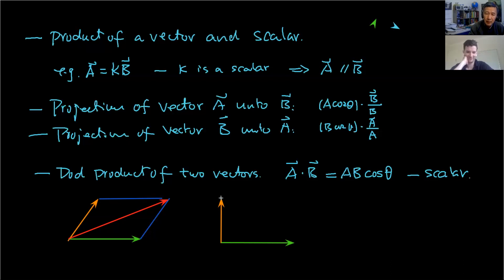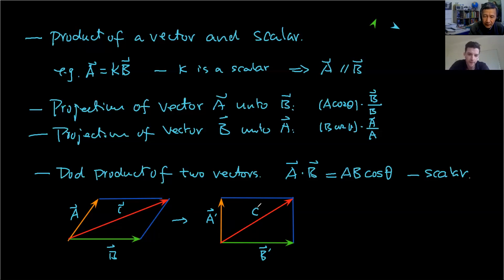You can put all these ideas together after today's talk. So in this case, C is divided into two perpendicular vectors. This is A, this is B, this is C. In the special case, we can call them A prime and B prime, which are different from the previous A and B, but C is the same vector.